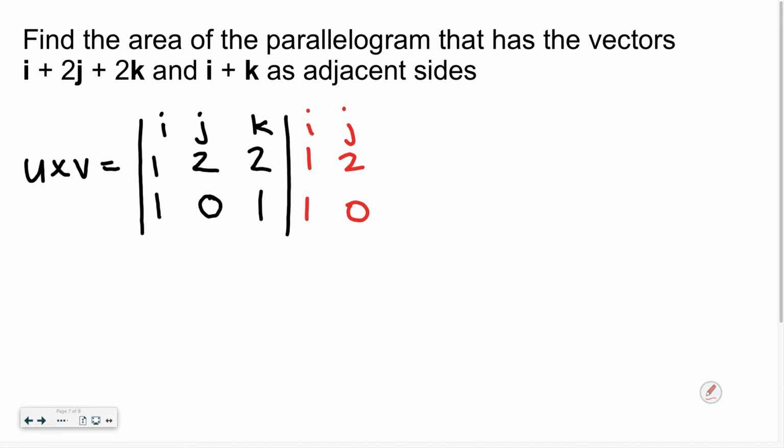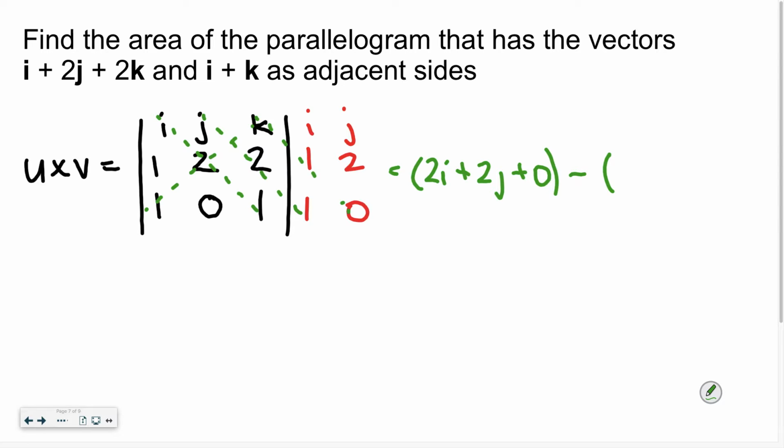We'll copy paste. So our down diagonals give us 2i plus 2j. Don't forget anything times 0 is 0.